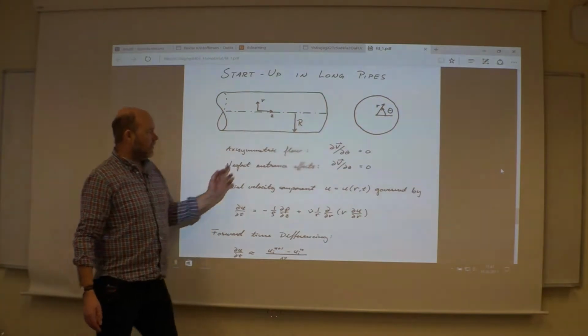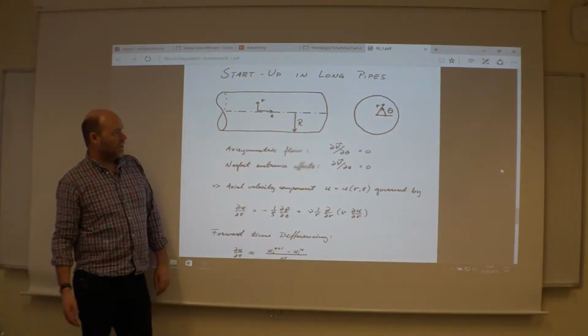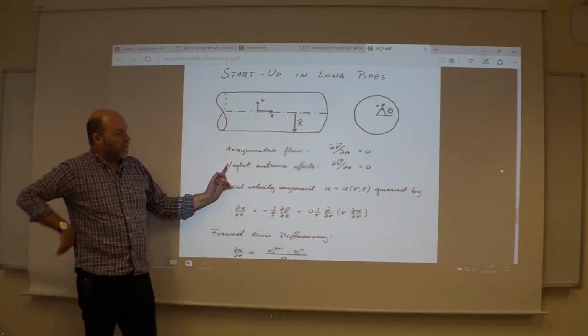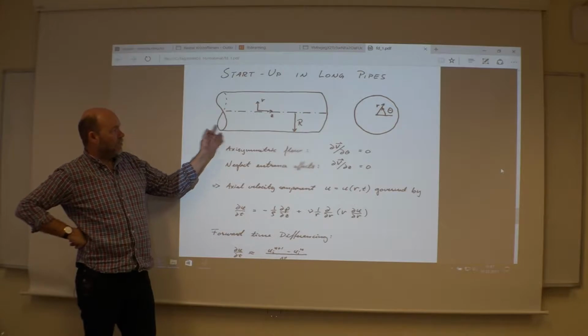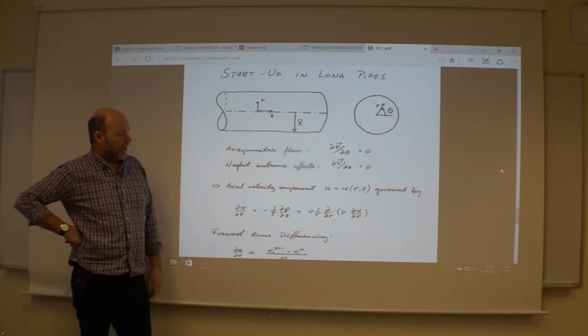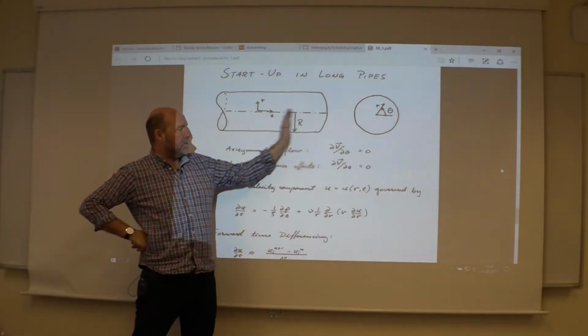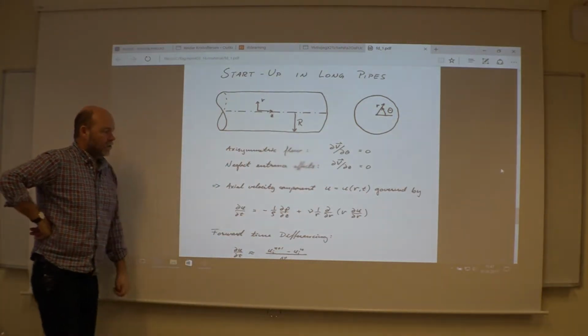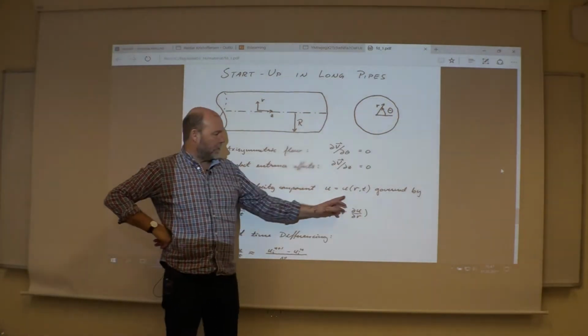We assume axisymmetric flow. And also we say that the flow is fully developed, meaning we skip the entrance part here. Nothing is changing in the streamwise direction.